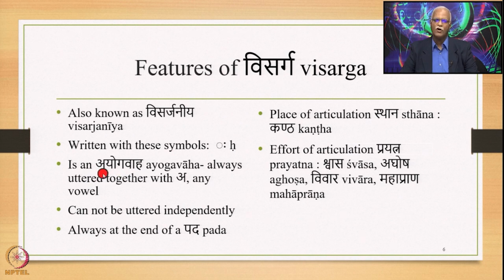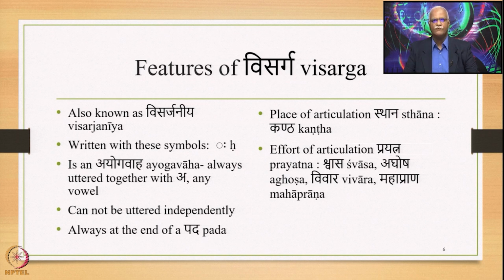A here stands for any vowel. So the point is that this Visarjaniya is uttered always together with a vowel preceding. It cannot be uttered independently, alone, and it always occurs at the end of a pada. These are some important features of Visarga.